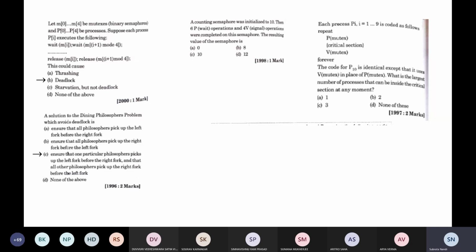Thrashing, I think it has been discussed in your memory management class, right? You should have encountered this term in memory management. What is thrashing? Anybody who knows the answer, in simple terms?